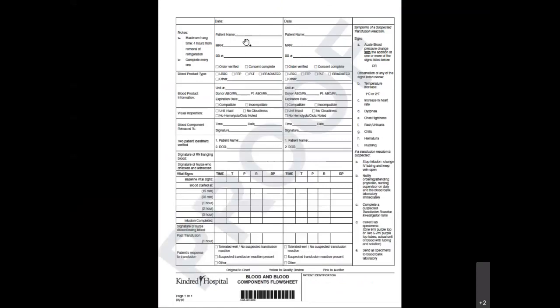What I do is I put a Mercy sticker right here because the MRN number on the sheet needs to match the MRN number on the blood and the blood bank number. Then the blood product type, blood product information, compatible, not compatible, visual inspection, blood component release.